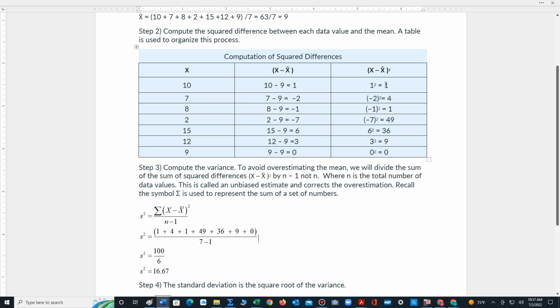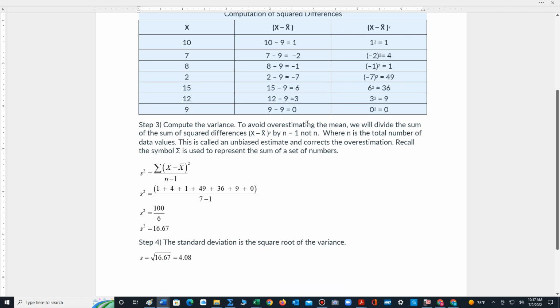Once we have these square differences prepared, we will use them to compute the variance. So in calculating the variance, to avoid overestimating, we divide the sum of the square differences by, we would think it's n, but it's actually n minus 1, where n is the total number of data values, so that's going to be 7.